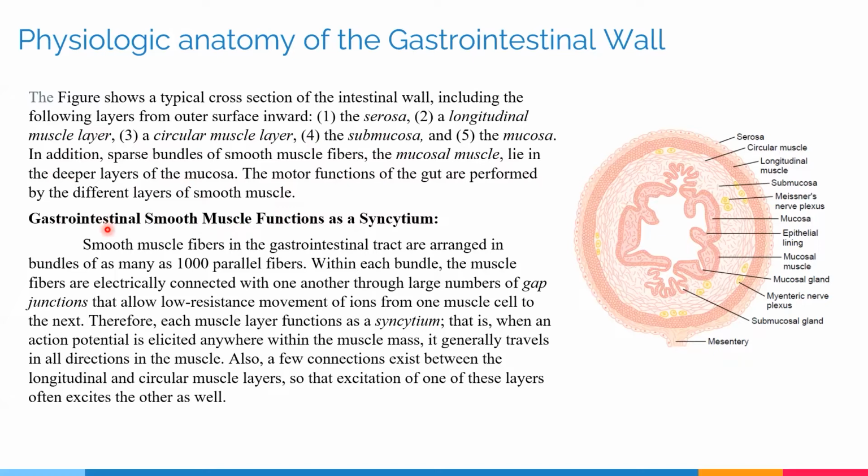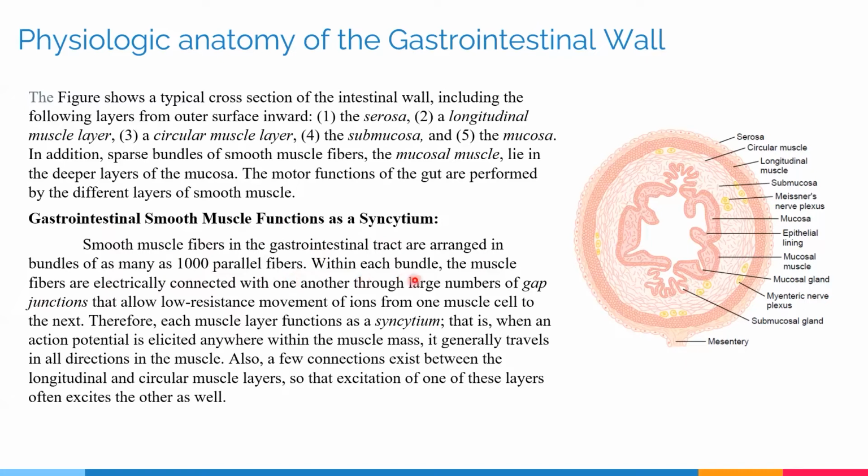It is to be noted that the gastrointestinal smooth muscle functions as a syncytium. That is, the whole gastrointestinal smooth muscle system contracts or relaxes at once, as if it is acting as a single muscle. Smooth muscle fibers in the gastrointestinal tract are arranged in bundles of as many as 1,000 parallel fibers.